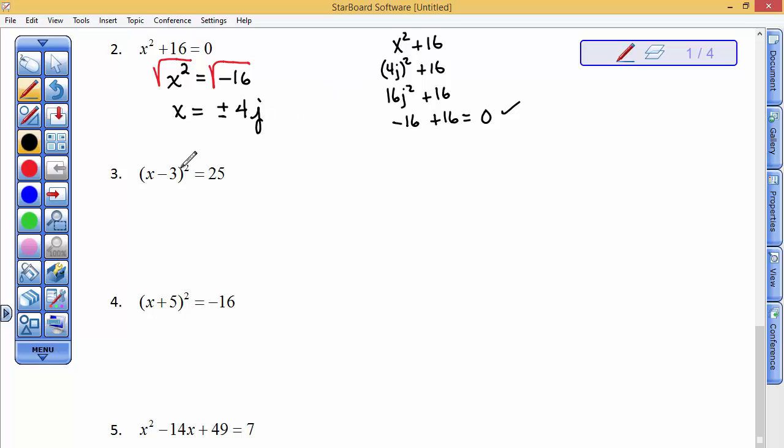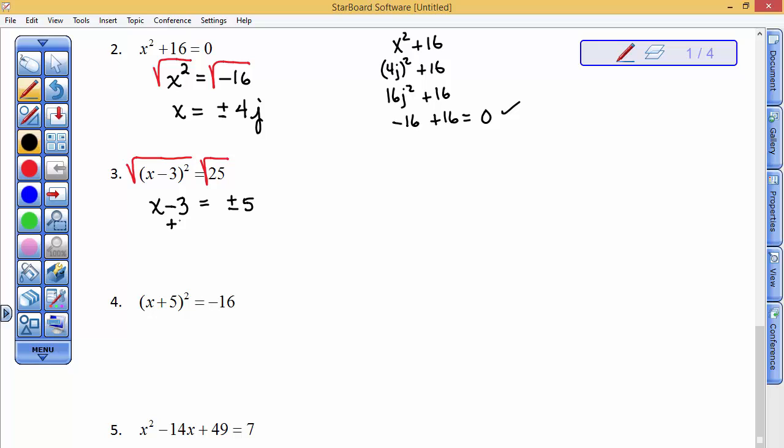So bottom line is, if I have something squared that involves the letter, even a binomial squared, I can take the square root of both sides, and the square root of something squared is just that something. So the square root of x minus 3 squared is x minus 3. The square root of 25 is plus or minus 5.